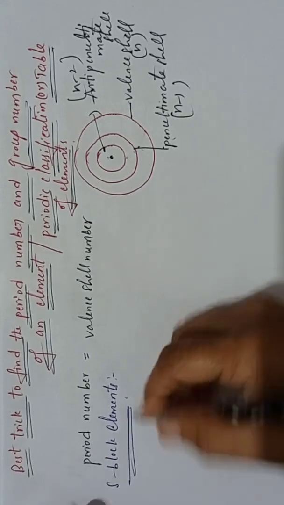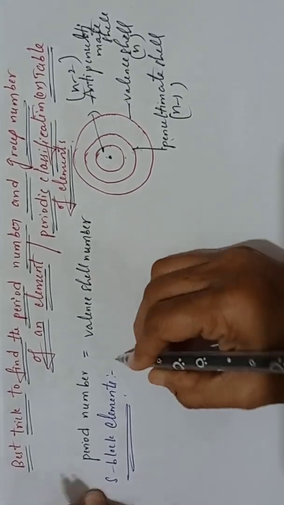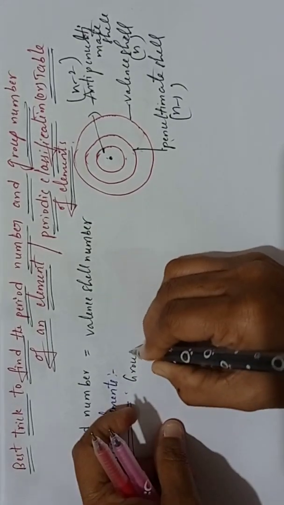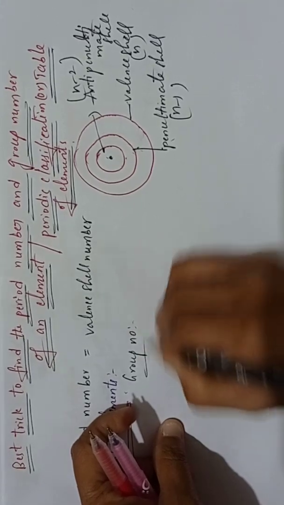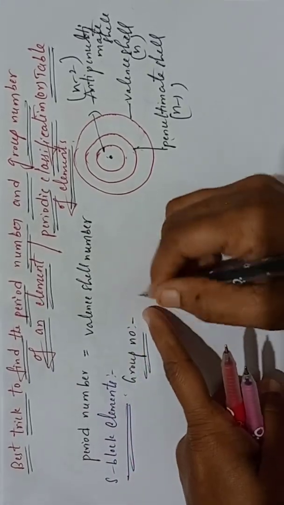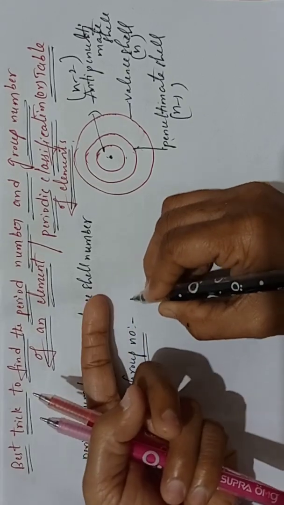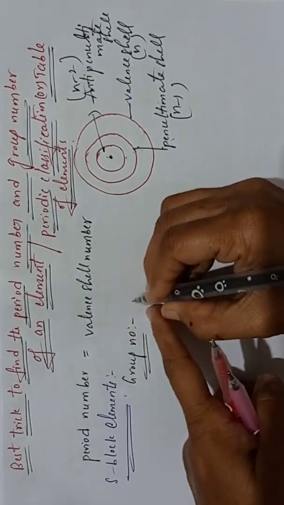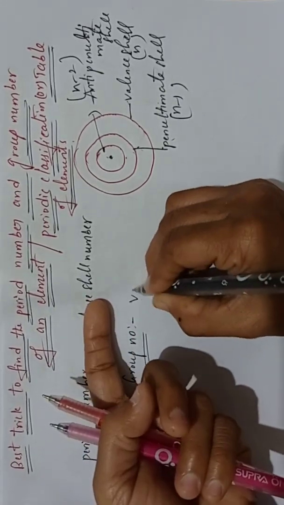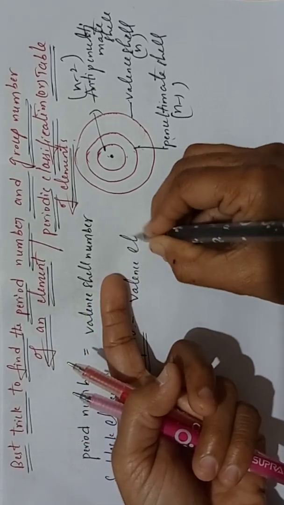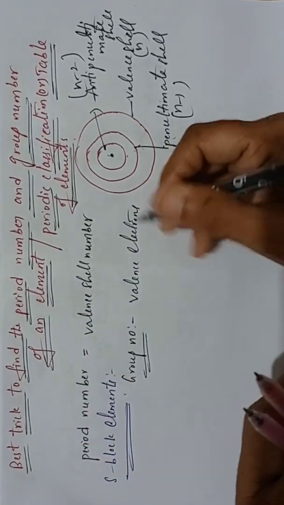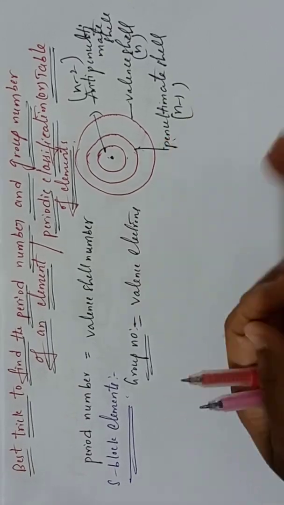For S block elements, what is the group number formula? Group number is equal to the total number of valence electrons.